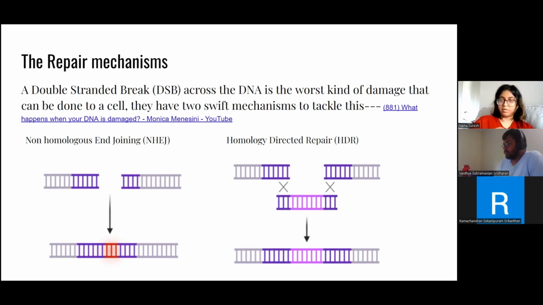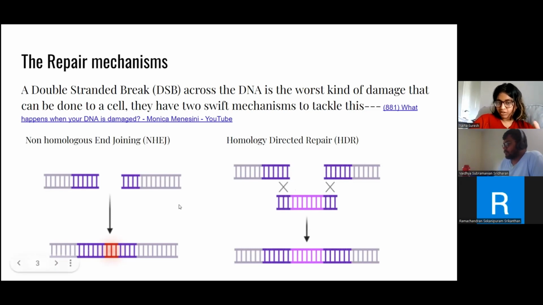In CRISPR, what we exploit is something called the homology-directed repair, which means that when there are two chromosomes, one from each parent, the error that needs to be corrected is looked up in the sister chromosome and copied into the new pair. Right. So over here, you can see that this bright purple is what needs to be repaired into the double-stranded break.